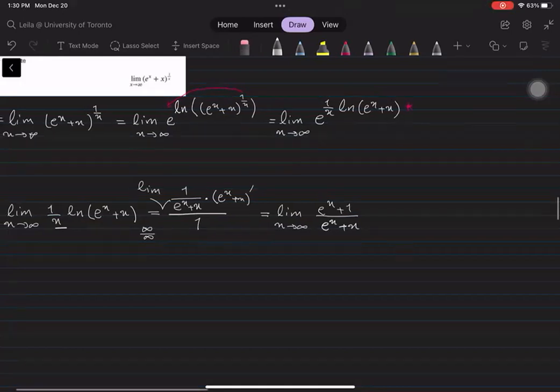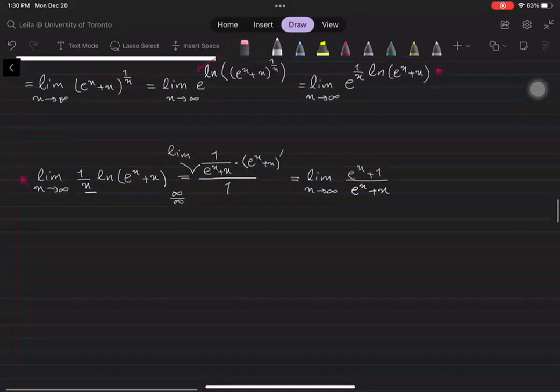Now, if you have infinity, this is going to be infinity over infinity again. So you're going to use L'Hopital's rule again.